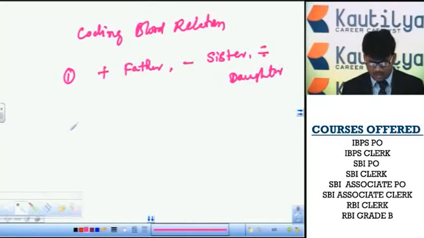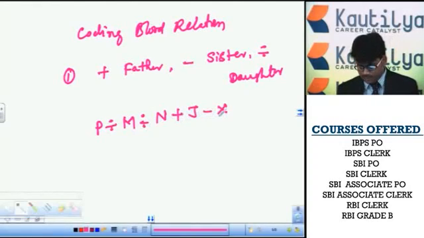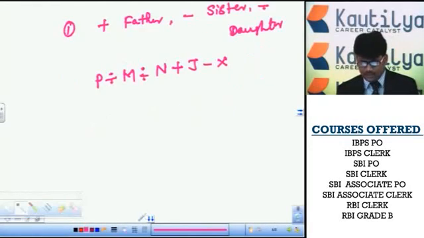How would P be related to X? In the given expression, plus means father, minus means sister, and divided by symbol denotes daughter.